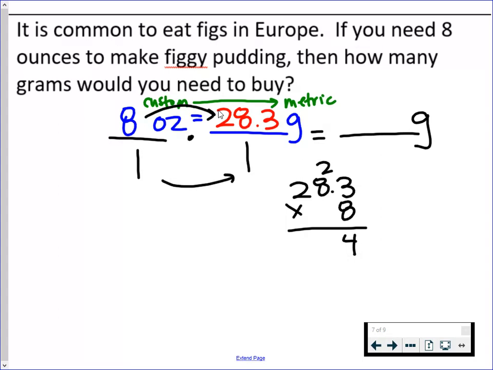Did you multiply? So now you know when you're at the grocery store, you'll need at least 226.4 grams of sugar for your figgy pudding.